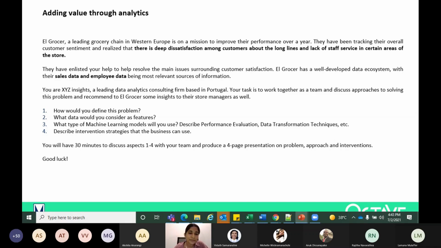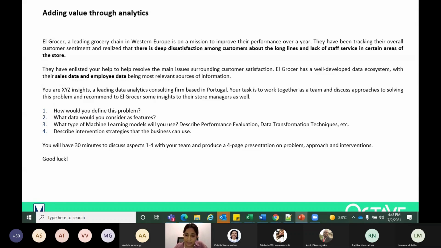And then also you have to come up with a 4-page presentation of the problem solution. At least one associate will be there in each of the teams to help guide you on how you can scope your solution and how you can put it into a presentation.